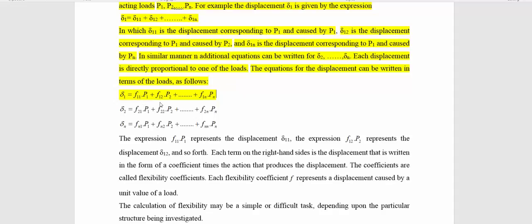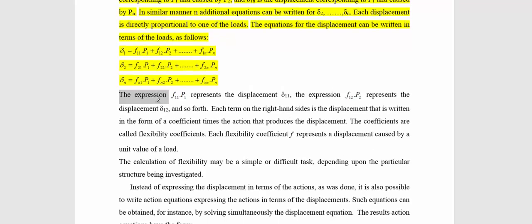These F11, F12, and F1n are the coefficients of flexibility. P1 is load 1, P2 is load 2, and Pn is load n. So the summation of the flexibility coefficients multiplied by the loads equals delta 1 at the position of P1. And the same thing for P2, and for Pn, delta n.